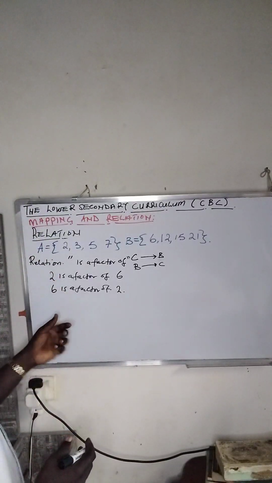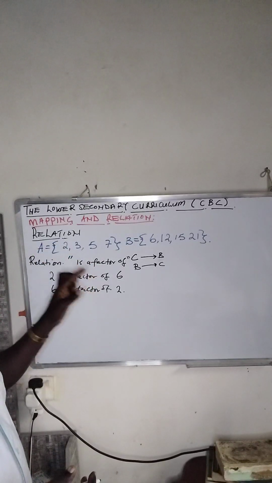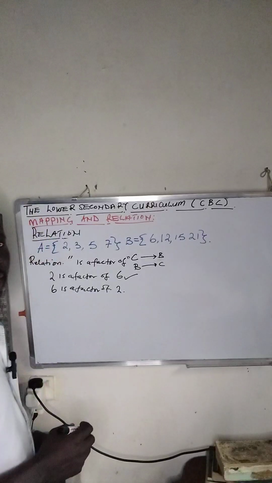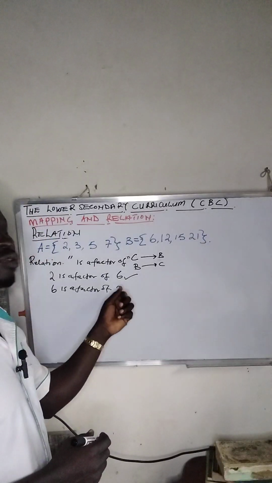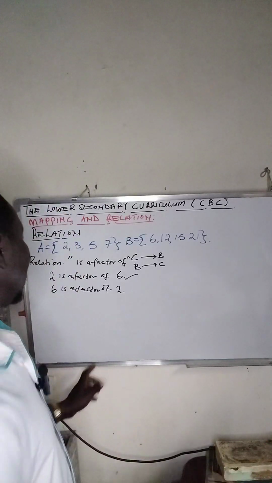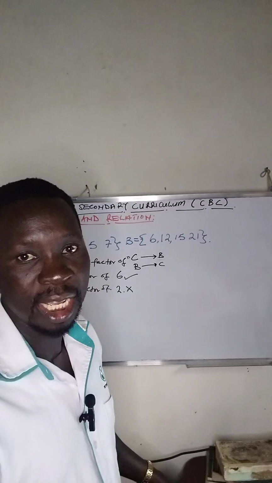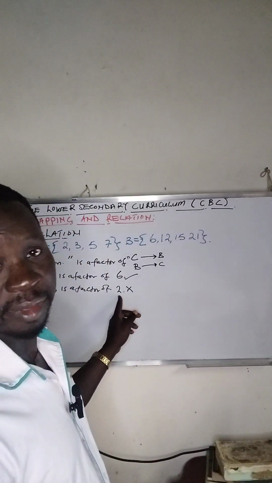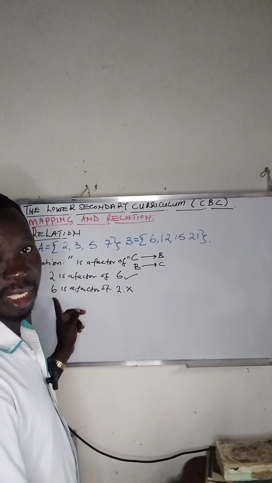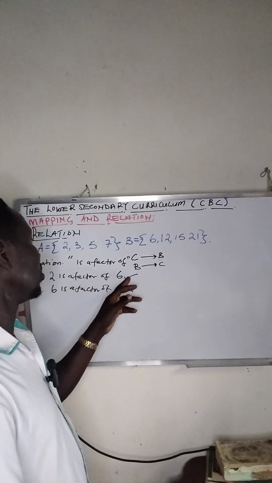For example, here, when we say 2 is a factor of 6, this first statement is the one which is correct. But when you say 6 is a factor of 2, it is not right. Mathematically, this statement is not correct because 6 is not a factor of 2. But 6 is a multiple. When you multiply a 2 several times, you can land on a 6.